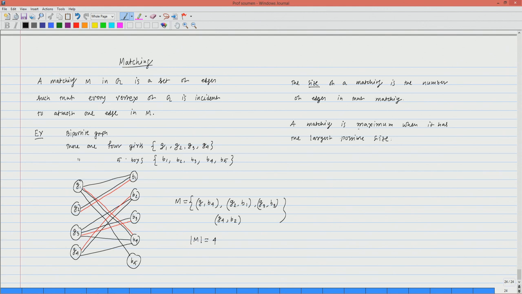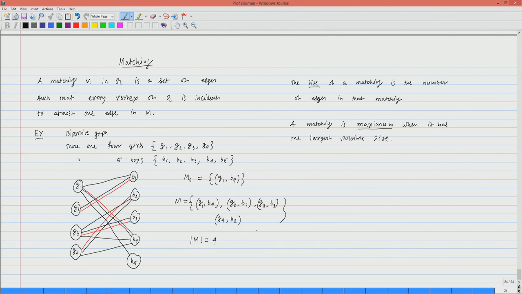Yes. So, here it is not difficult to realize that this is a maximum matching, because you can't include another edge. So, all the girls are matched. So, you can't include another edge. Of course, this is also a matching. If I say M naught is just, for example, G1 B4, this is also a matching, but this is not a maximum matching, whereas this is a maximum matching.